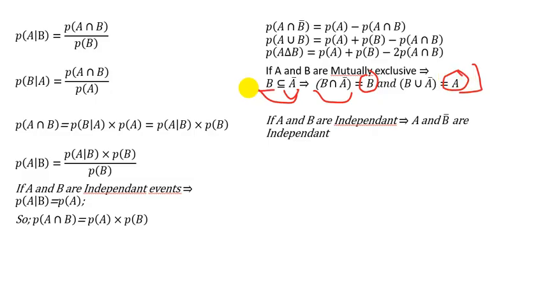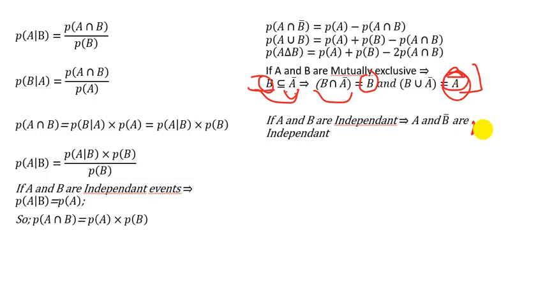Since B is a subset of A bar, the intersection gives the smallest one, which is B, because B is contained in A bar, and their union is the largest, which is A bar in this case.